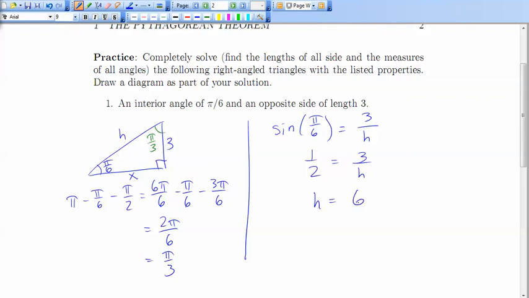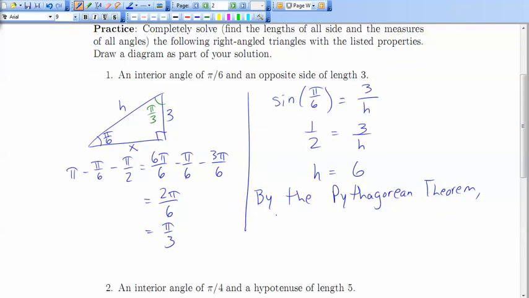Okay? And then I can use the Pythagorean theorem, since I have a right angle triangle. So by the Pythagorean theorem, we now know two sides. We could have x squared plus 3 squared is equal to 6 squared.